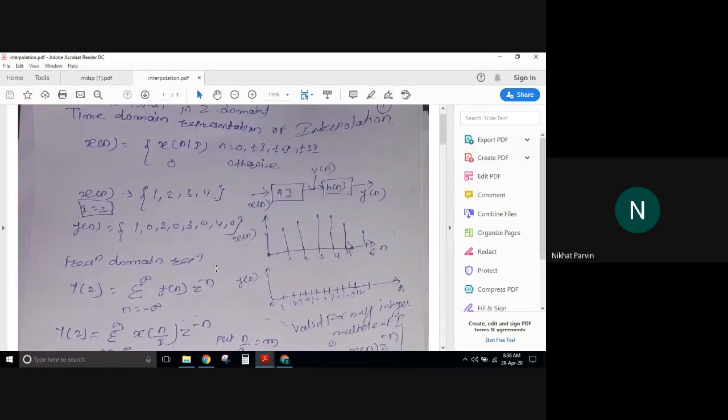That means I'm talking about when I'm doing upsampling, then I'm allowing the signal to pass through the low pass filter. The work of that low pass filter is to avoid the unnecessary images.